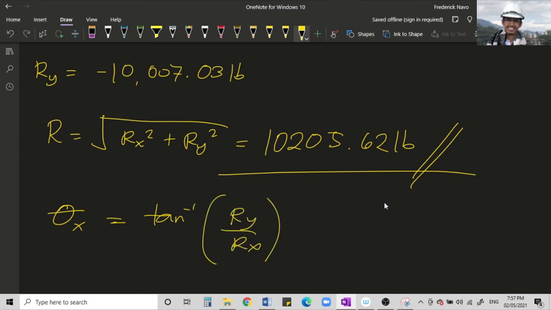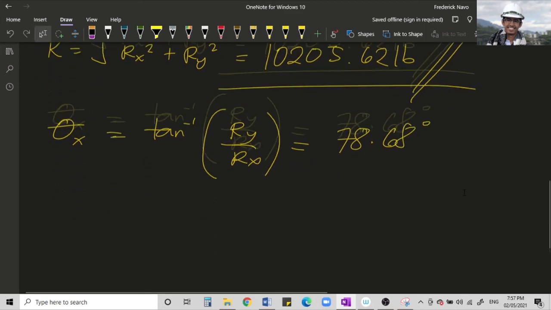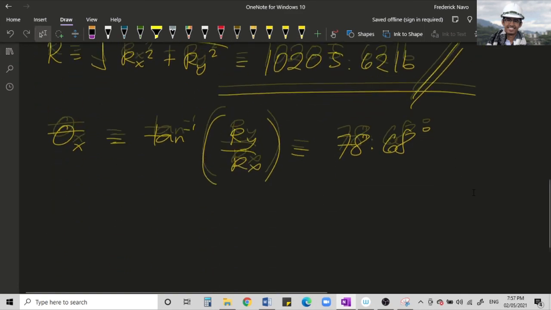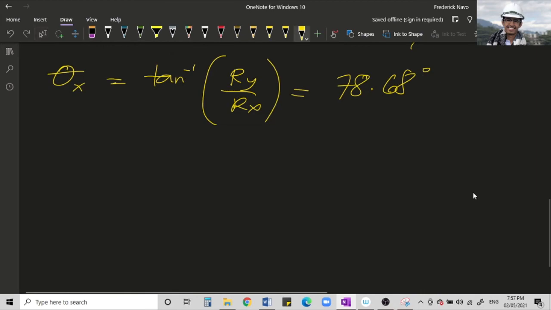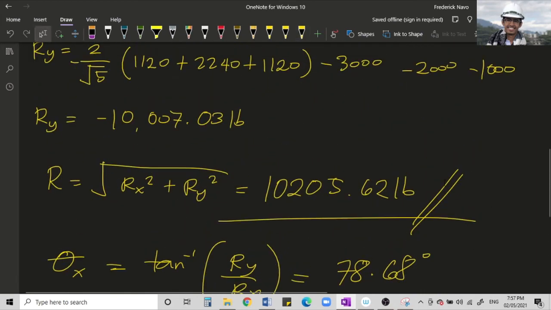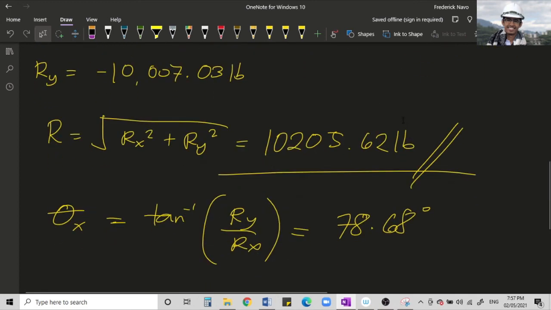Okay? So, just substitute. That will give us 78.68 degrees. Okay? So, that is our resultant. Our resultant will be 10,205.62 pounds, down to the right at 78.68 degrees.